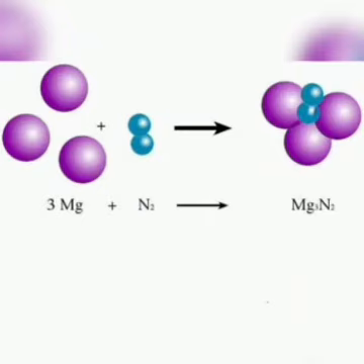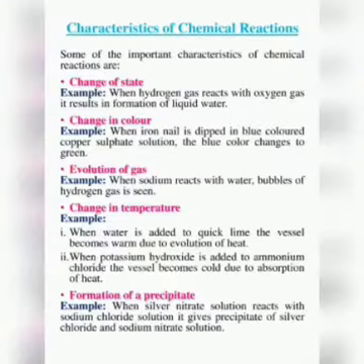Does the formation of the new substance give out heat? All right, or does it give out light? And number 3, change in color, from pink to blue, from white to orange. The fourth is change in temperature, and the fifth is change in state, from solid to liquid to gas.